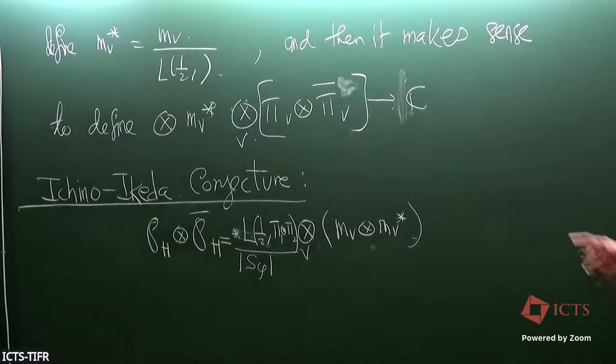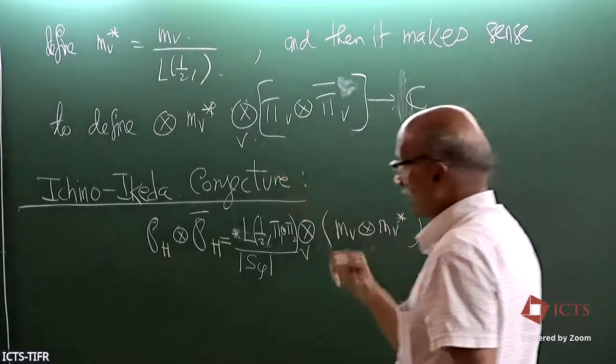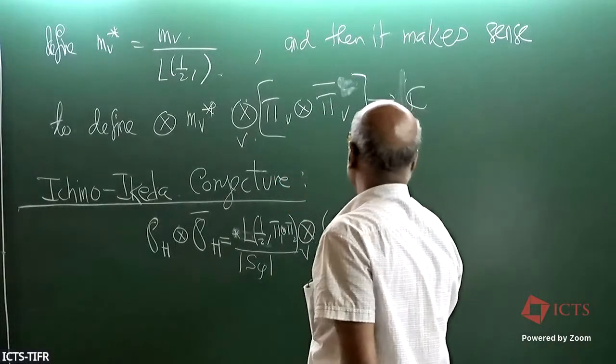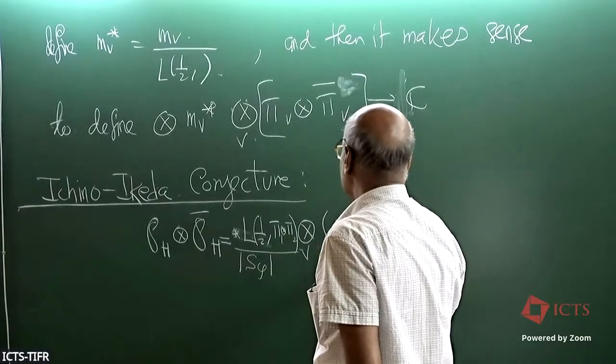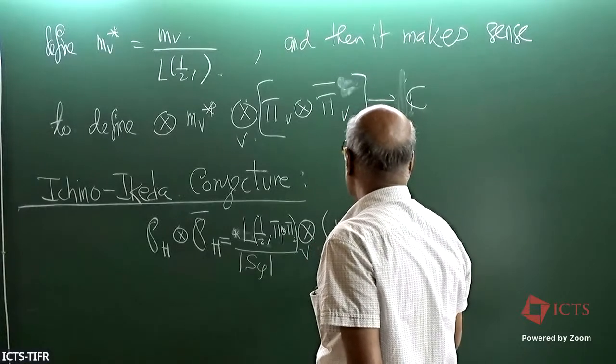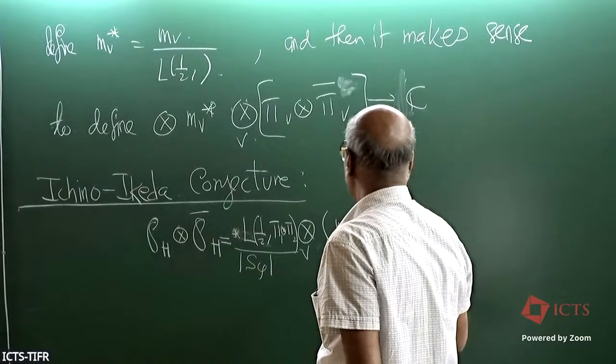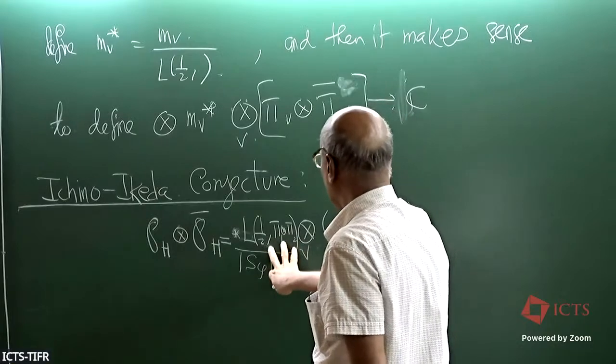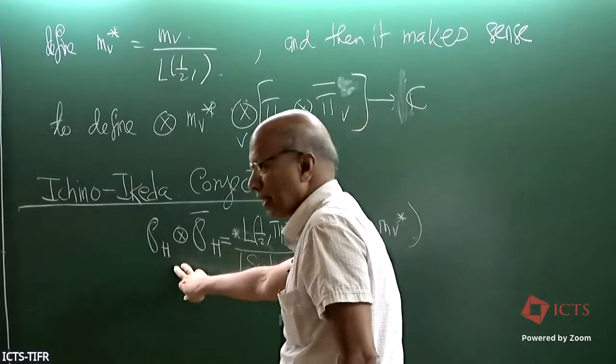This is the more precise version of the GGP, which says that if local invariant forms exist, and if the L value is non-zero, then the period integral is non-zero.